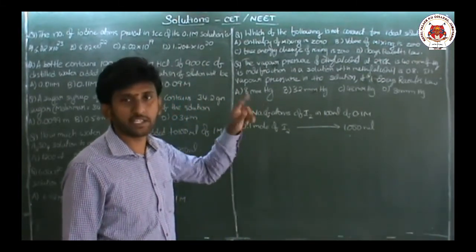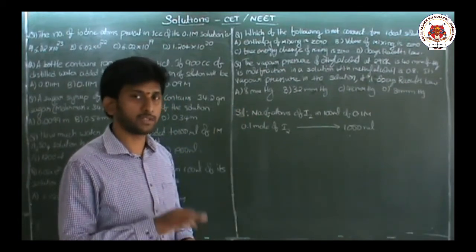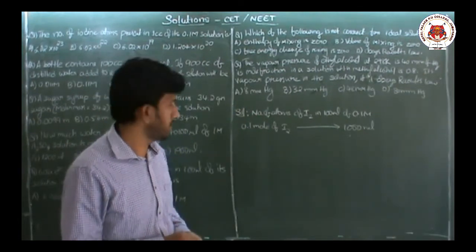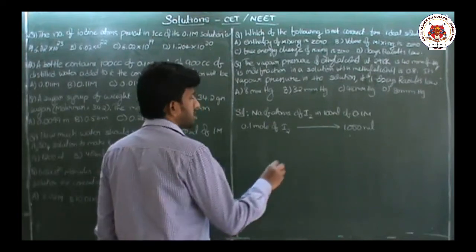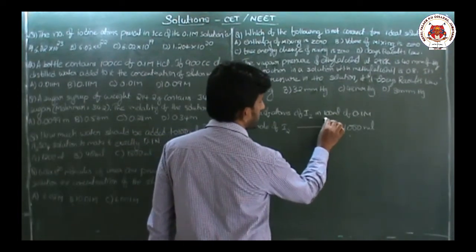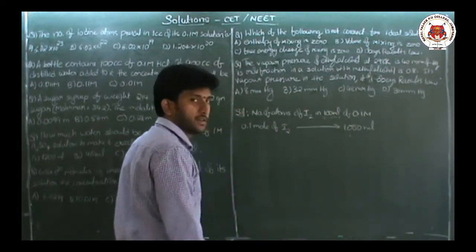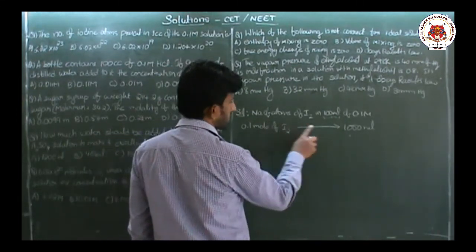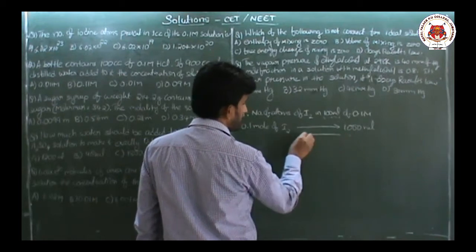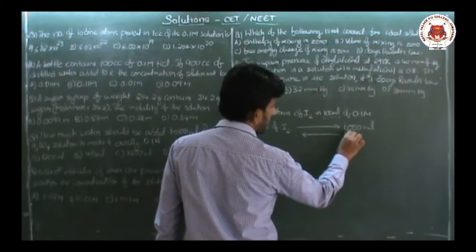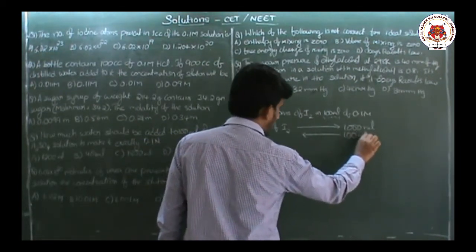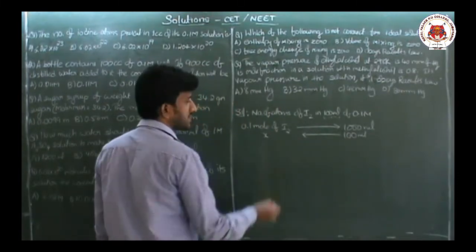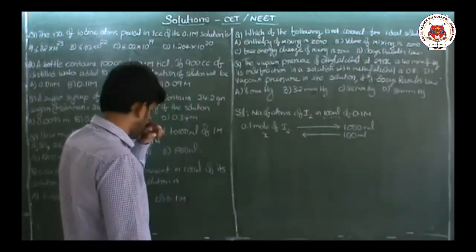0.1 moles of iodine is present in how much volume? 1000 ml. But our question asks us to calculate only for 100 ml of the solution. So if 0.1 moles are present in 1000 ml, then for 100 ml what would be the number of moles? Let us assume this is x and cross multiply.